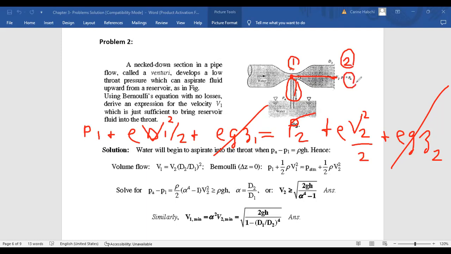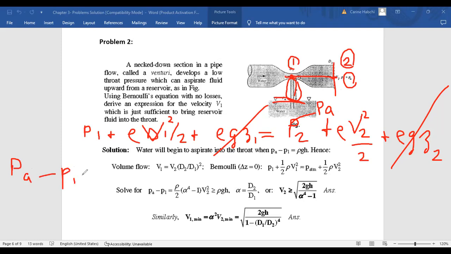Because we are discharging to the atmosphere, P2 is equal to P atmospheric. And we have demonstrated that we should have a difference in pressure from this level to this one, to be able to have the water going up. And we have seen that PA minus P1 should be equal to rho gh.